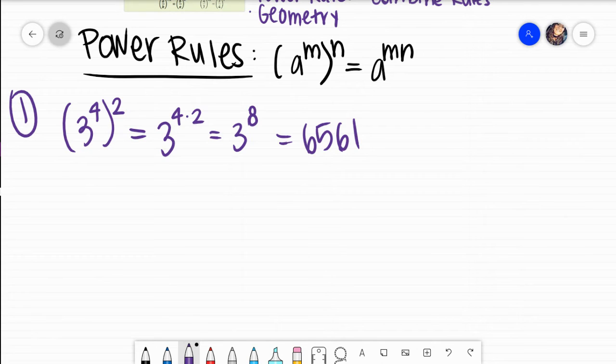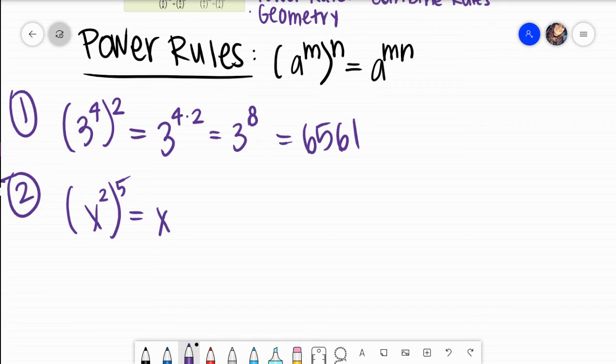Okay. So say we also have this. Say we have in parentheses x squared being raised to the 5th power. Even though here my base is a variable and not a numerical value, what you need to notice is that this is still a power rule. I've got a power raised to another power.